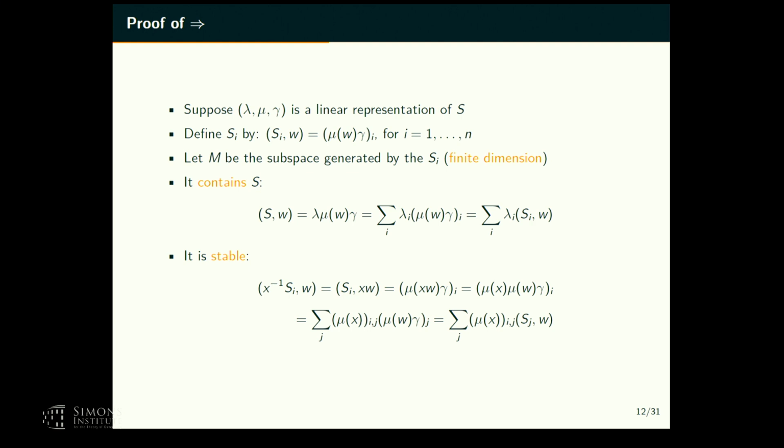And you can just slice it by index. And it gives you that it's a linear combination of the S_i that you've defined here, basically. So you get the containment. The finite dimension is because you've defined just a finite number of them. And the stability is just a computation that only relies on the morphism mu, basically. Okay, so I'll just skip it.